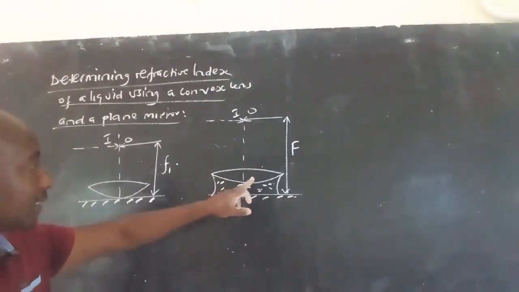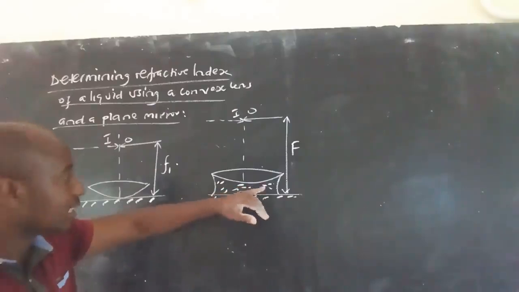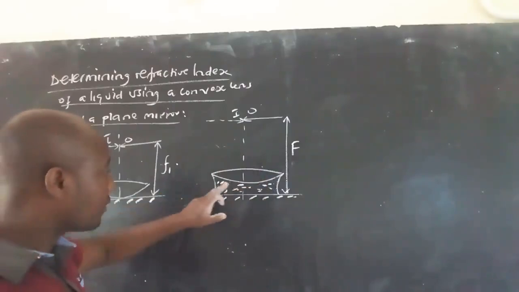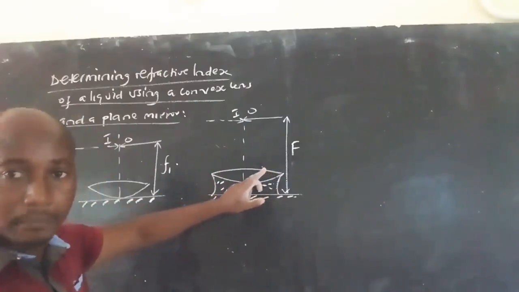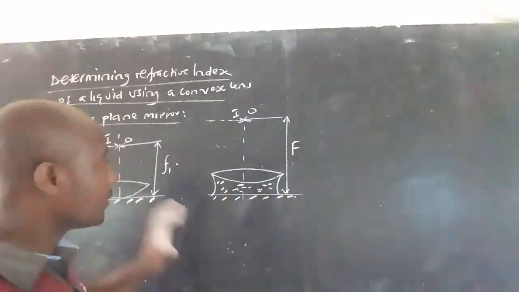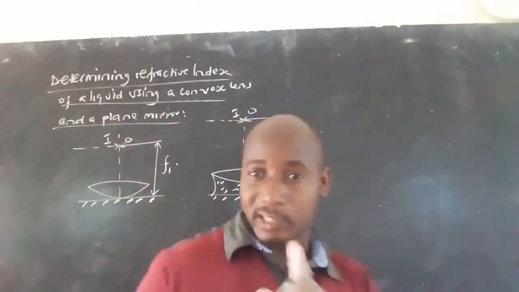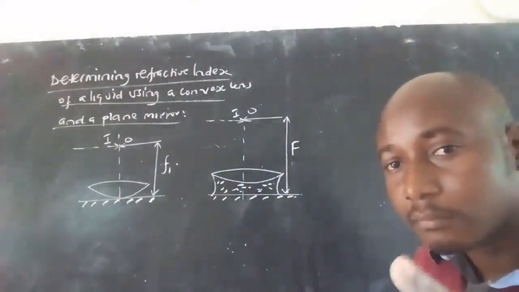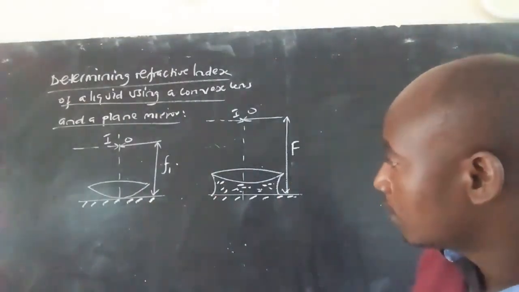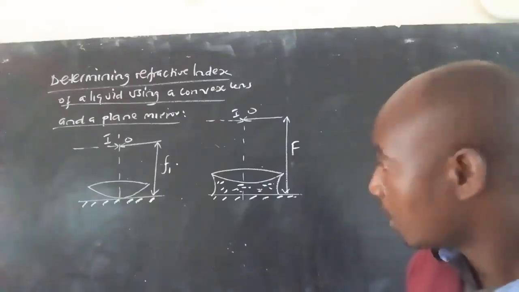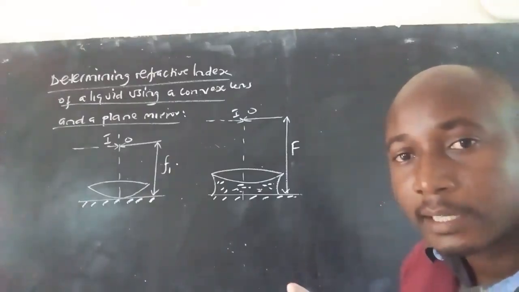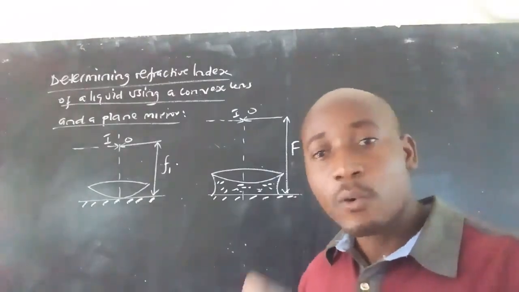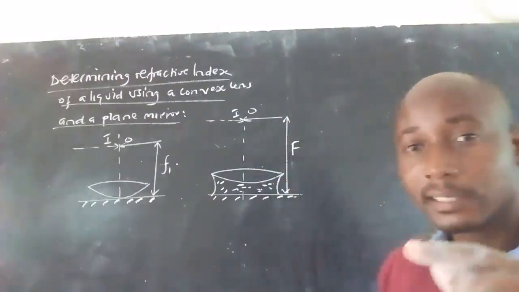So meaning that the upper surface of the liquid will have the same radius of curvature as the lens. Okay? So we have now gotten F1. Next point, after the diagram, we say the space between the plane mirror and the lens is smeared with a small quantity of liquid, whose refractive index is to be determined.